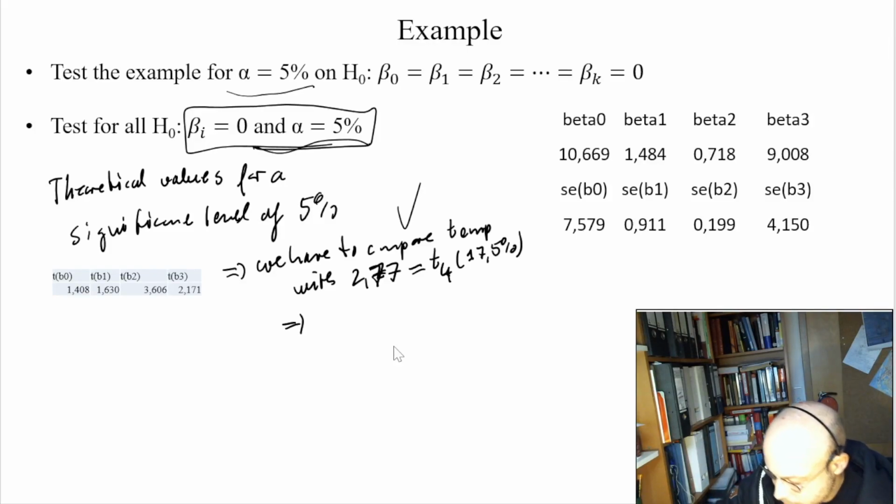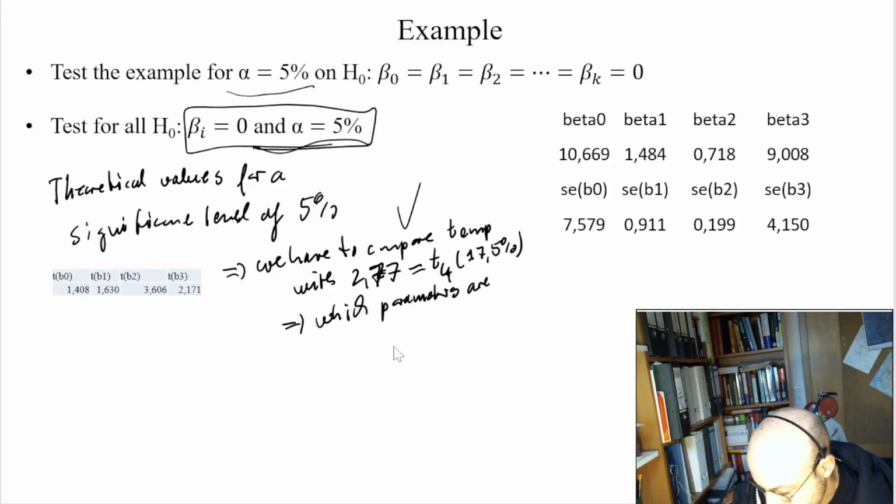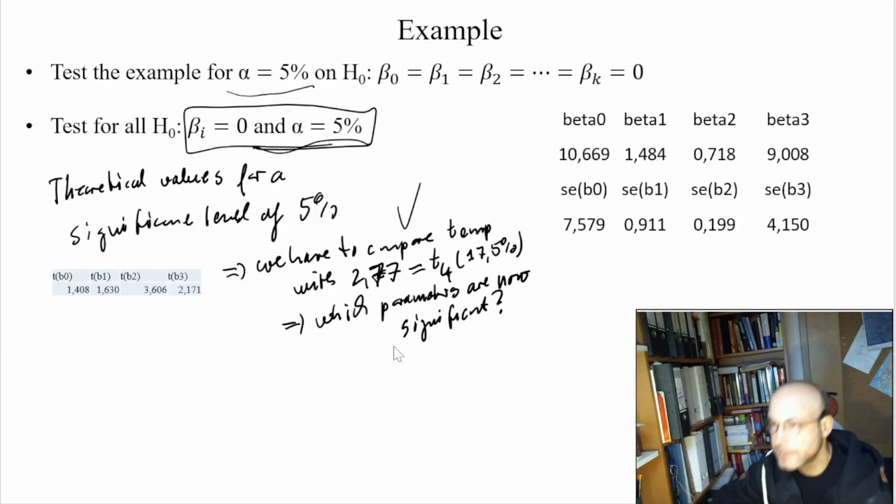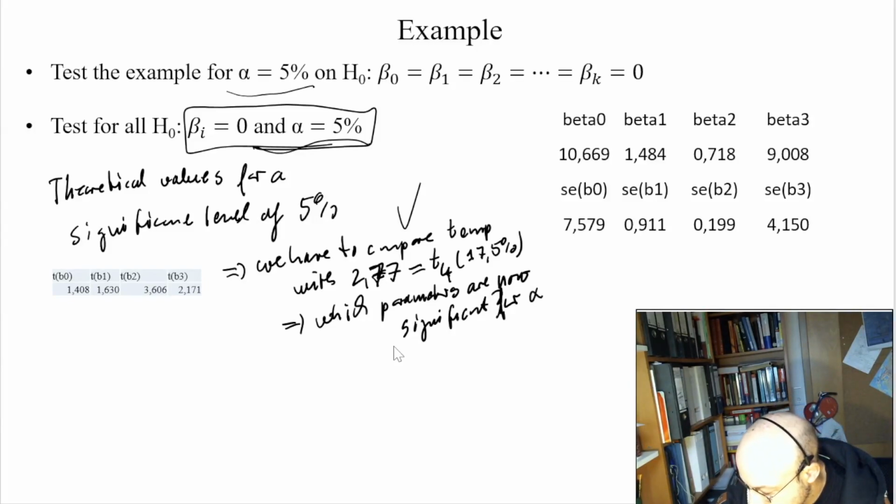So then answer the question, which parameters are now significant for alpha equals 5%?